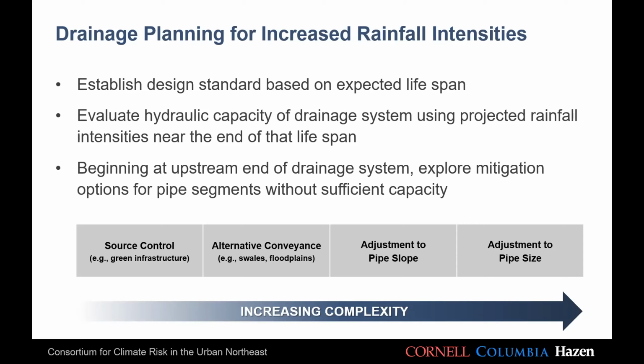And if all else fails, then you start looking to adjusting pipe slopes and pipe sizes. But that obviously can be very costly, not just in terms of construction, but in terms of the effect on the downstream segments. It becomes a domino effect. If you adjust one pipe size, you need to adjust the downstream pipe size, and so on. And so it should probably be avoided if at all possible.